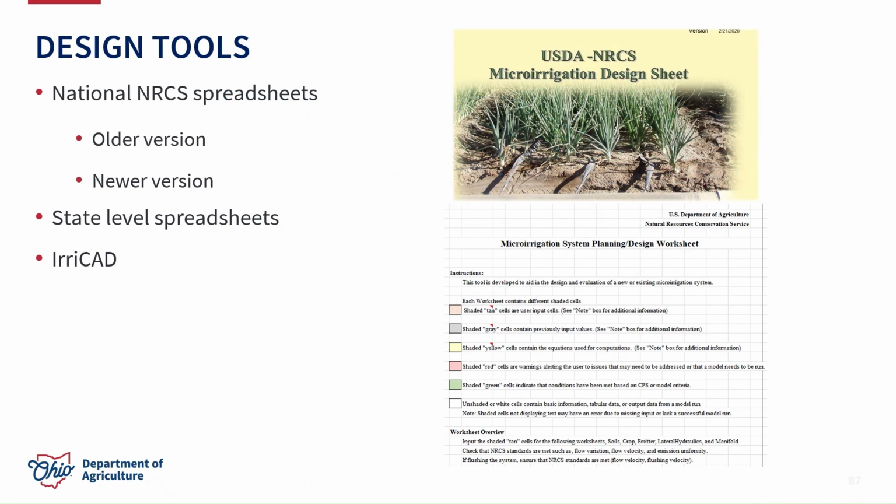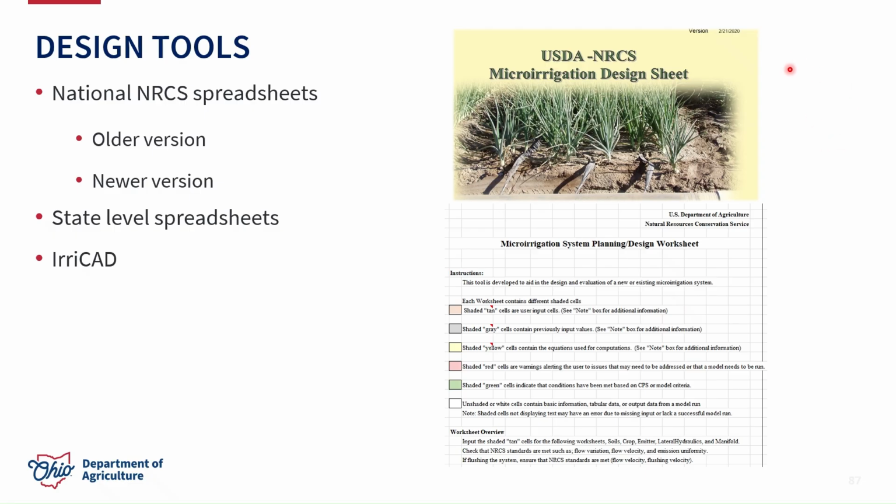Doing that math over and over again and trying to iterate a design would become very cumbersome and complex. Therefore, there have been some design tools developed. There are a couple of NRCS spreadsheets out there. There's an older spreadsheet that walks through all of the block hydraulics for your micro irrigation zone.